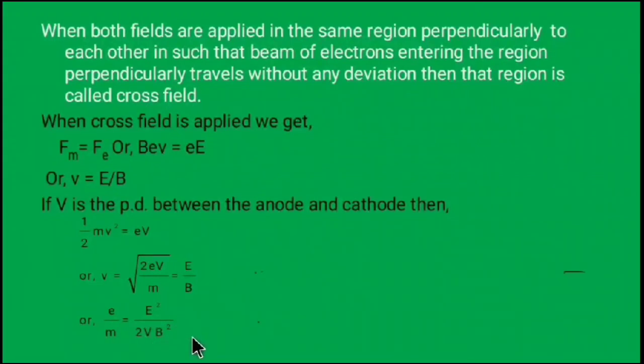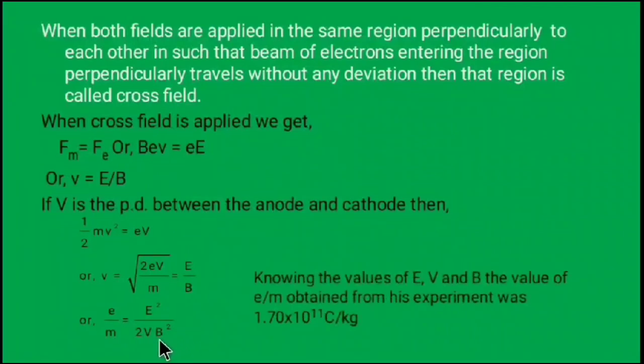So knowing the quantities on the right hand side of the given equation, that is knowing E, the electric field between the two plates P and Q, the magnetic field B applied in the cross field, and the potential difference V of the accelerating field, that is the potential difference between cathode and anode, we can easily calculate the specific charge of an electron.